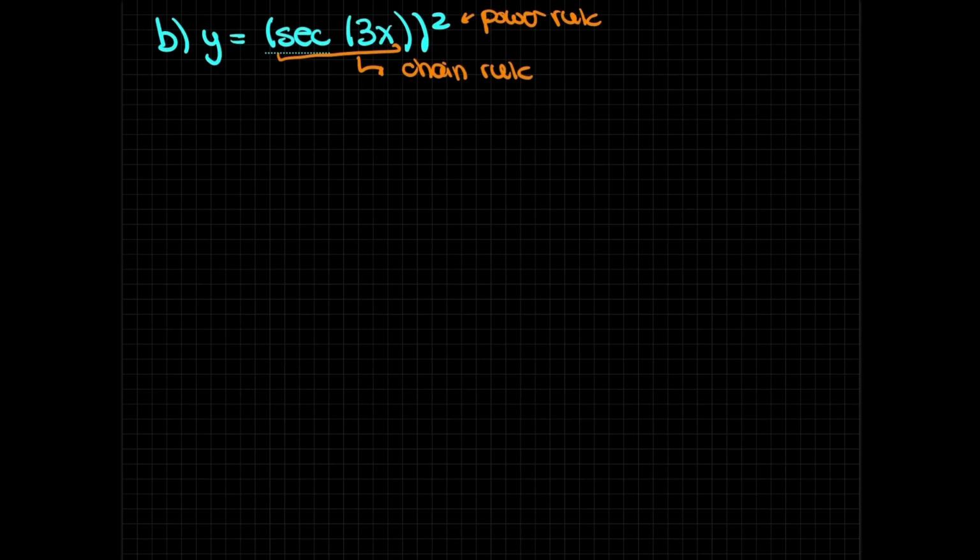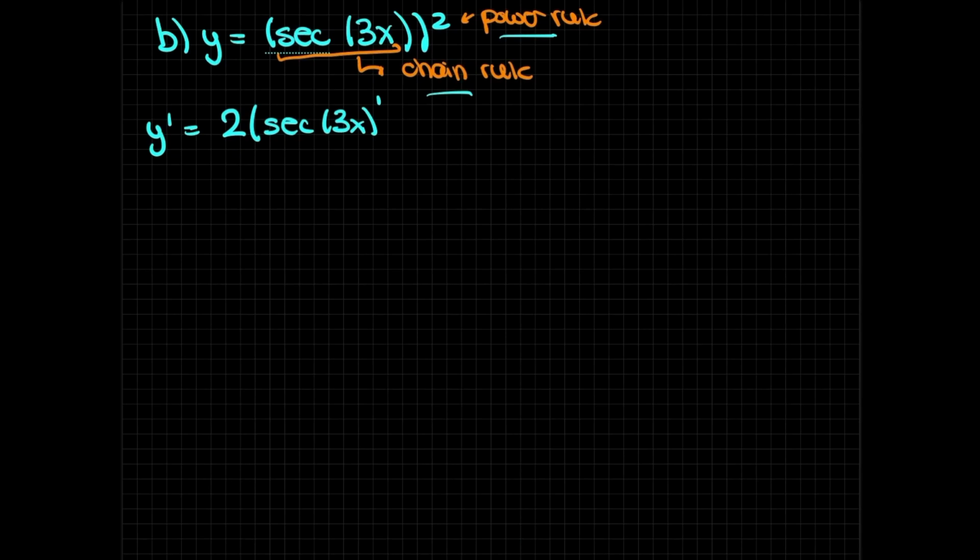So like I said, we're going to use the power rule and we're going to use the chain rule for this. So the power rule tells us that we bring the power down. So we end up with 2 times what's on the inside. We are going to reduce that power by 1.